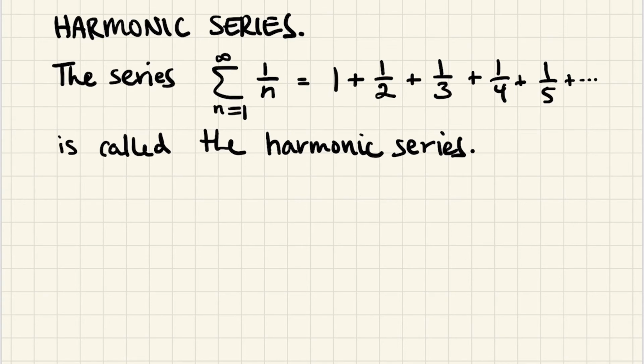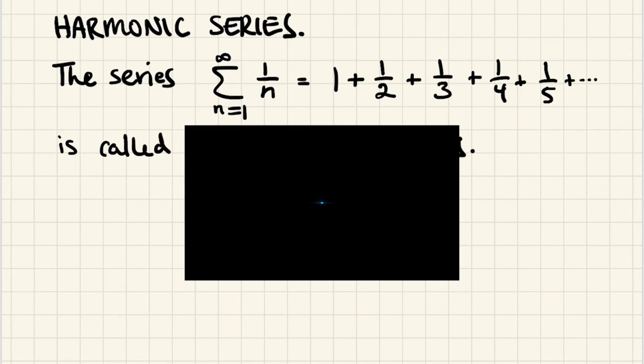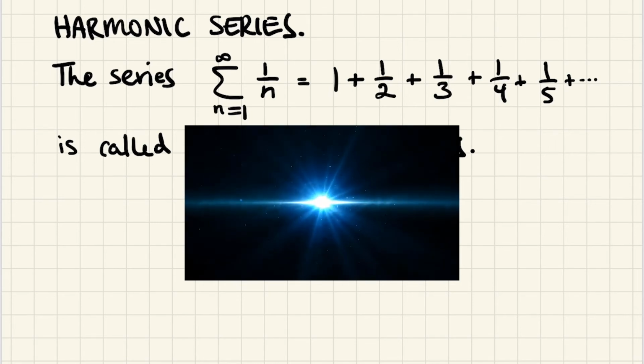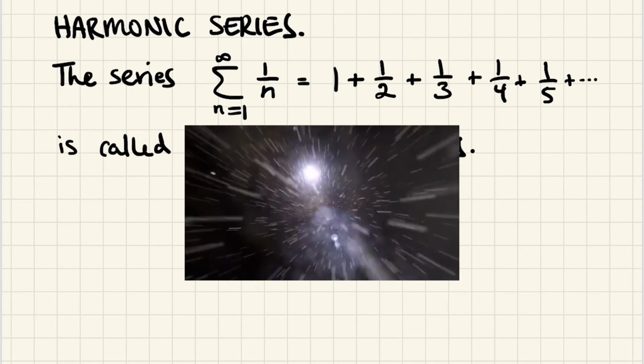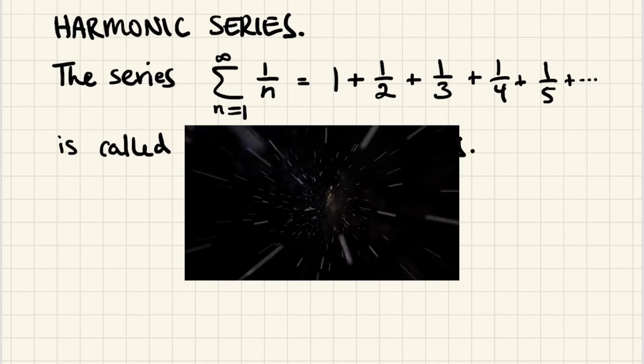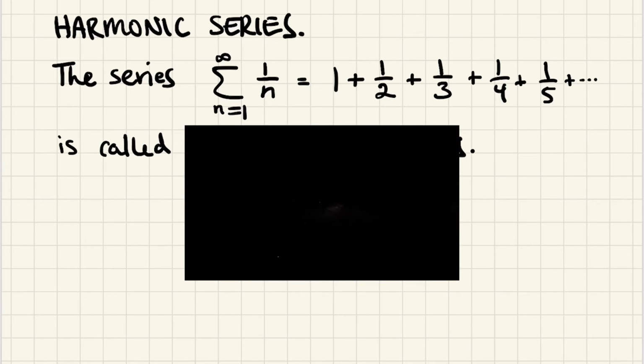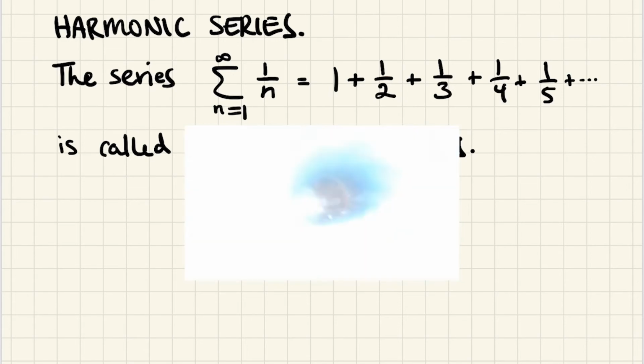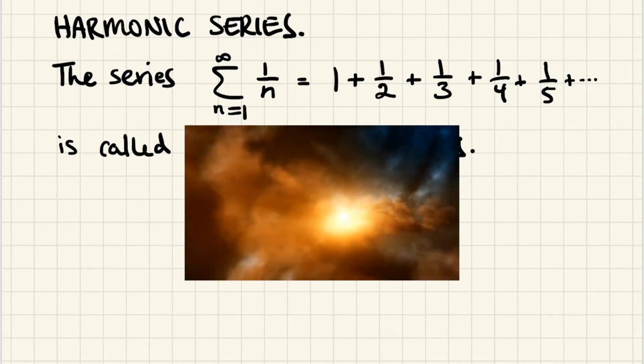However, astonishingly, this is a divergent series, meaning that if you take the limit of the partial sums, you will get infinity. And to give you a sense of how incredibly slowly this series diverges, suppose that for every second the universe has been in existence, which is about 4 times 10 to the 17 seconds, we've added a term of the harmonic series.